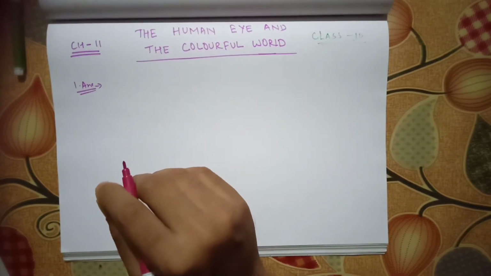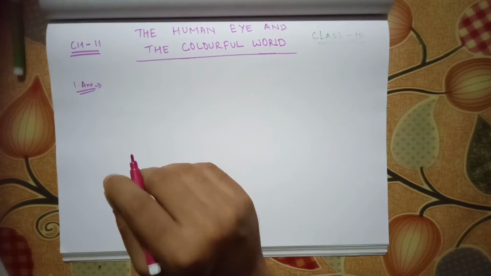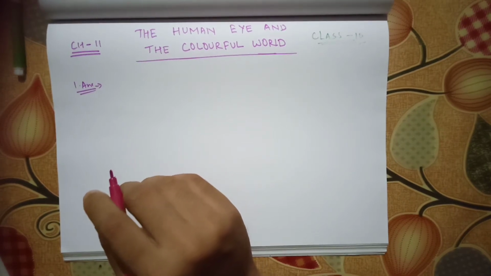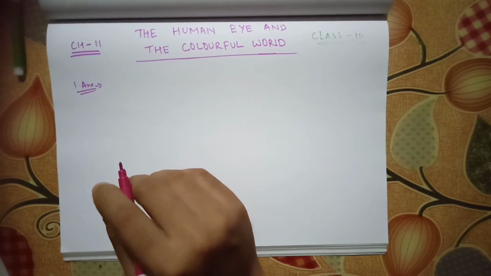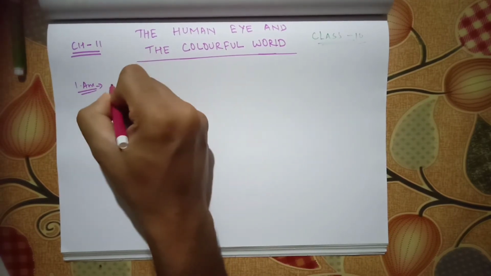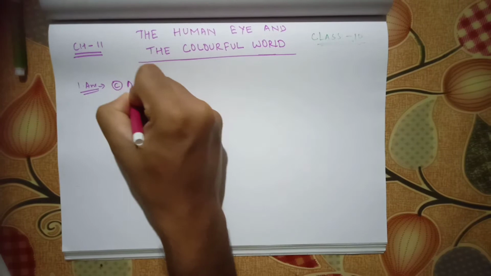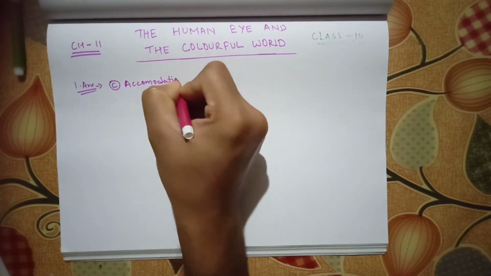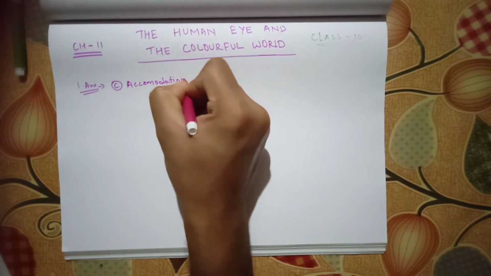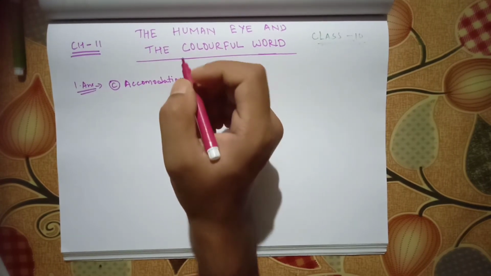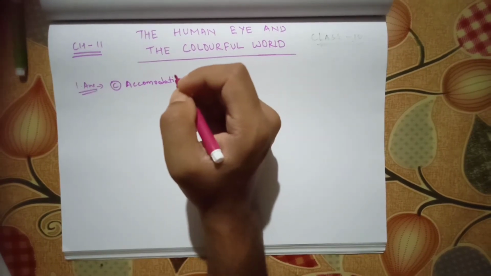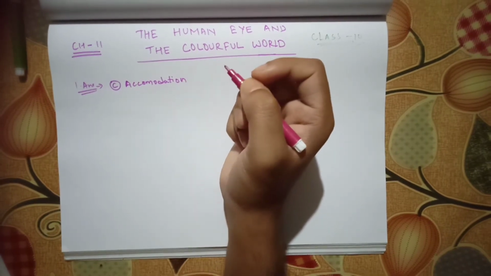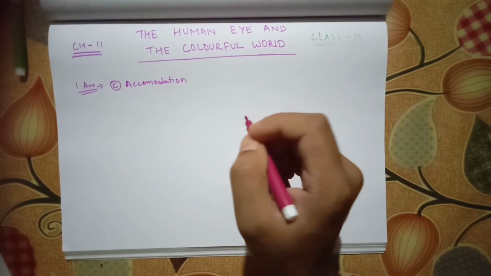In the question it is asked that adjusting the focal length of the eye lens is due to, so the remaining option is C, which is accommodation. Accommodation means when the ciliary muscle relaxes and helps the eye lens to view any object. We have studied this earlier as the power of accommodation.